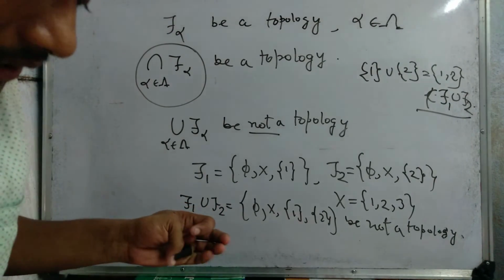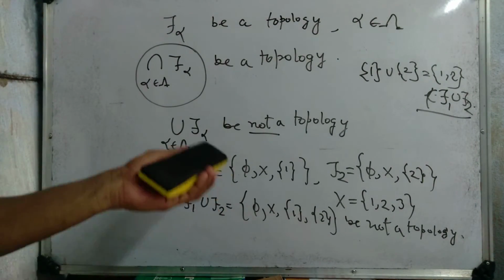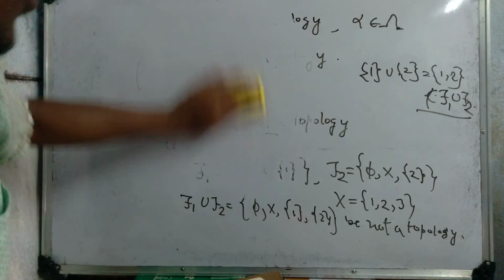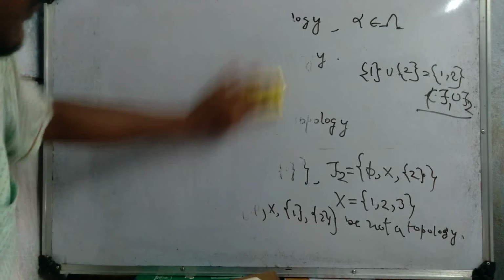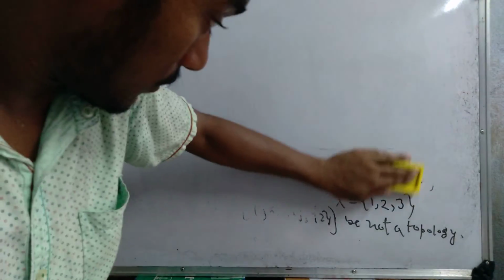Now we proceed further. This is about the largest topology and the smallest topology from two topologies. How can it be obtained? We see two topologies here.